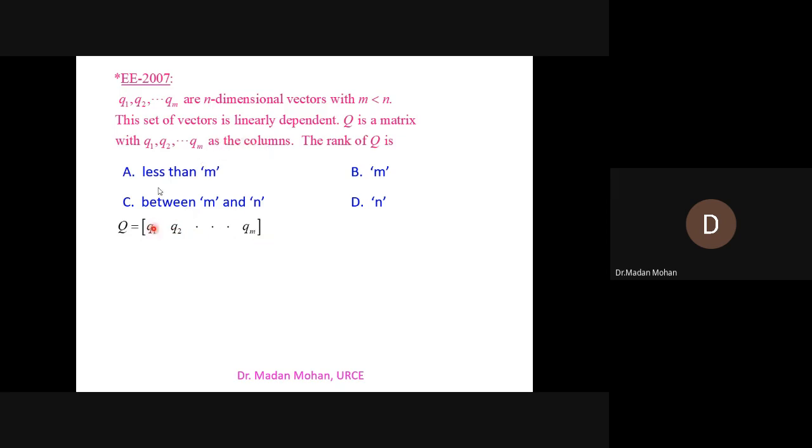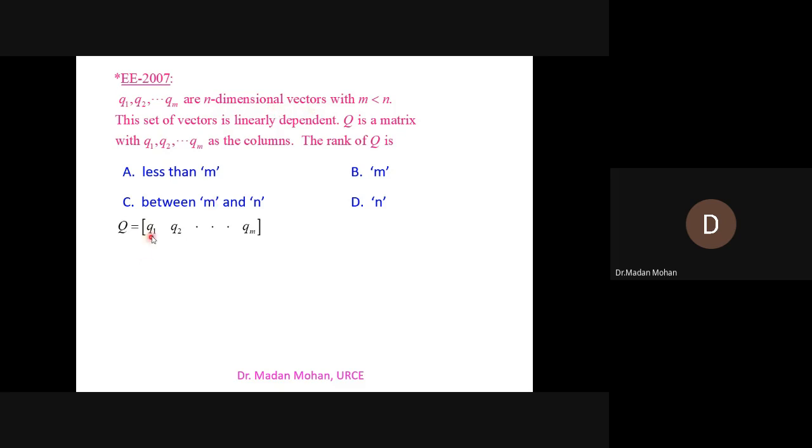The first column is denoted with Q1, a column vector, an n-dimensional vector. Q2, column vector. Qm, column vector. What is the dimension of Q1? Q1 means it is a column vector. In that column, how many rows are there? Observe it, n-dimensional vector.